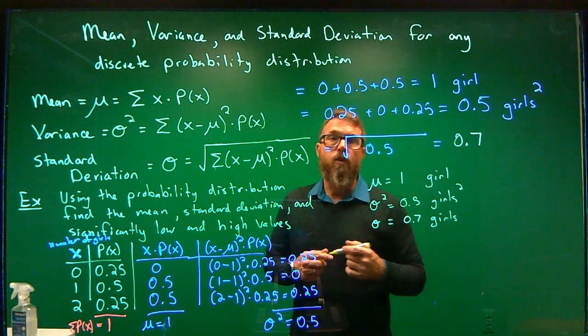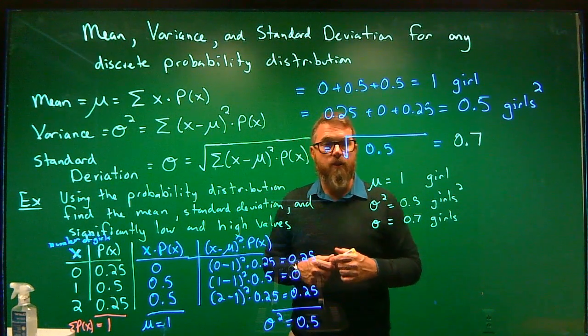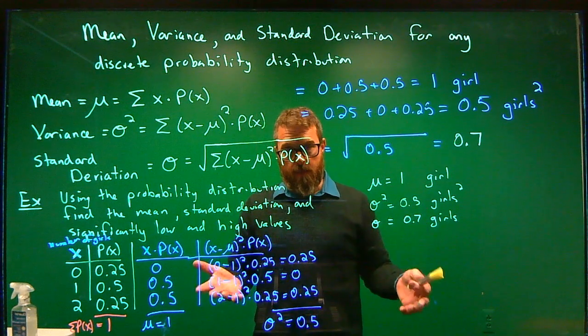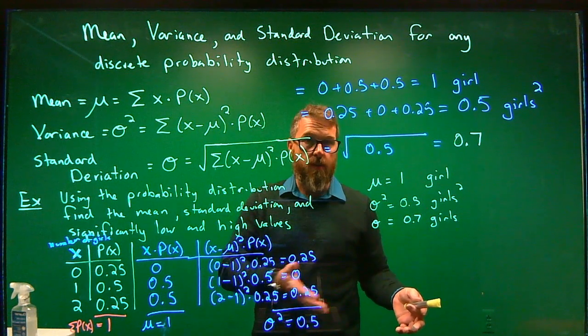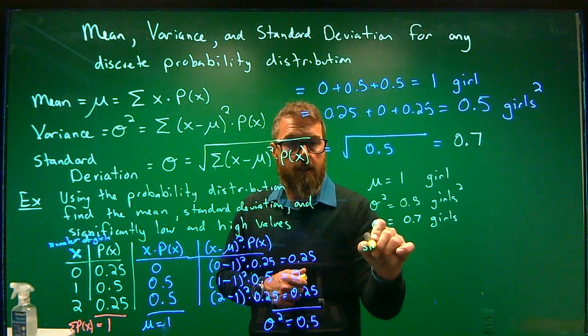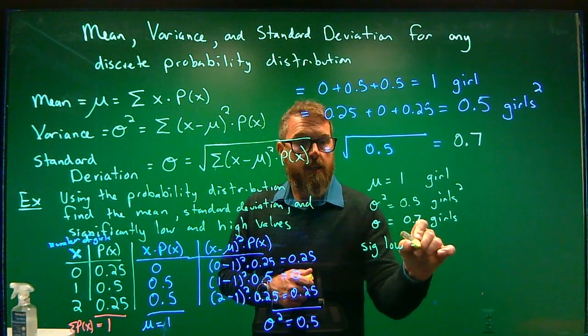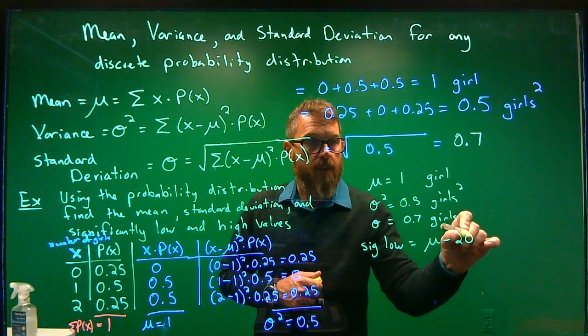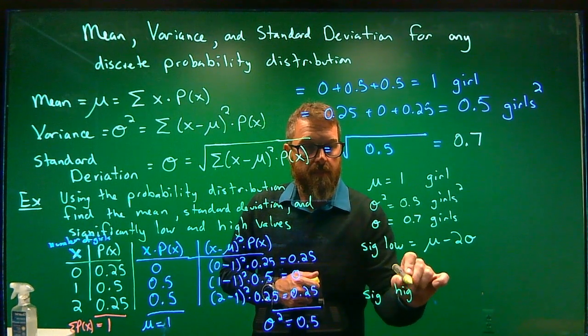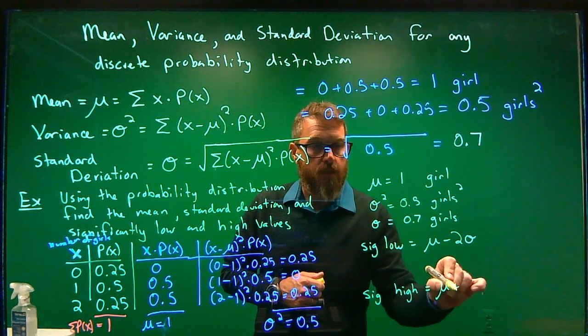Now, using the rule of thumb to figure out what values represent significantly high and significantly low, what we do is we take our mean, which is our middle value, and then we add and subtract 2 standard deviations. So we know that significantly low is going to be your mean minus 2 standard deviations, and then significantly high is going to be equal to your mean plus 2 standard deviations.